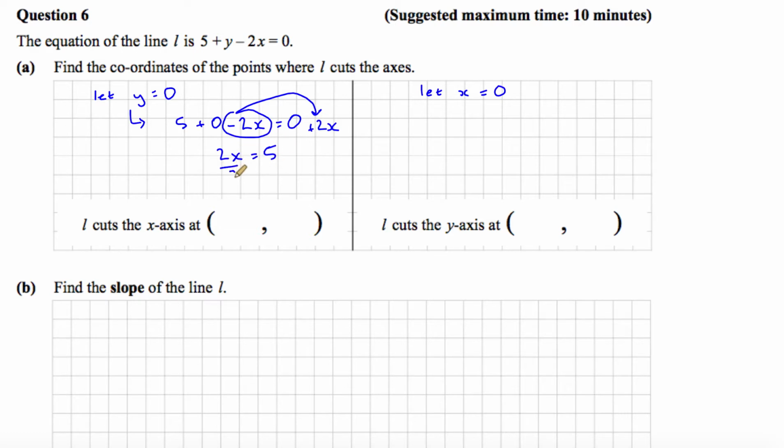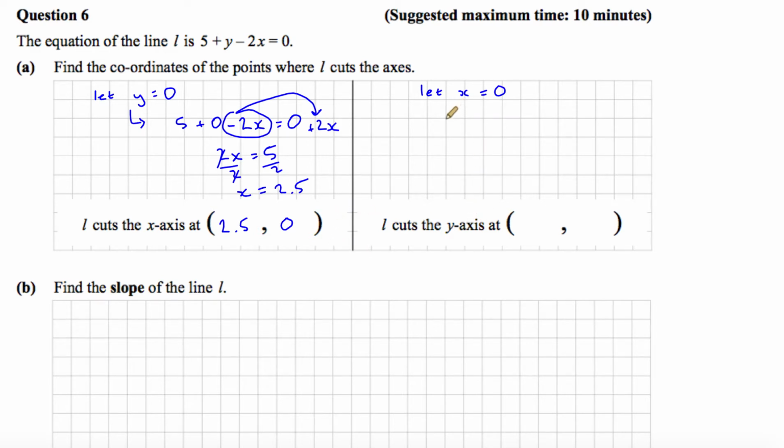And if we divide both sides by 2, the 2's cancel and we're left with x equal to 2.5. So L cuts the x-axis at 2.5 for the x value, and remember y was 0, so that's our y part of the coordinate.